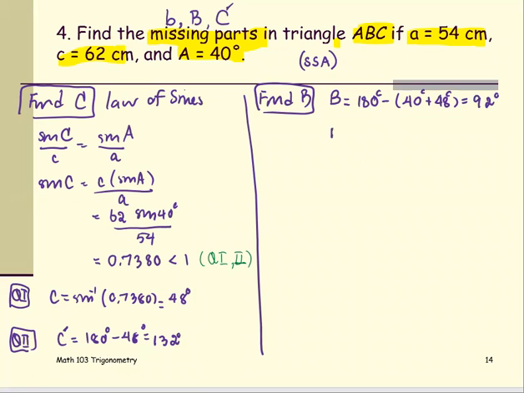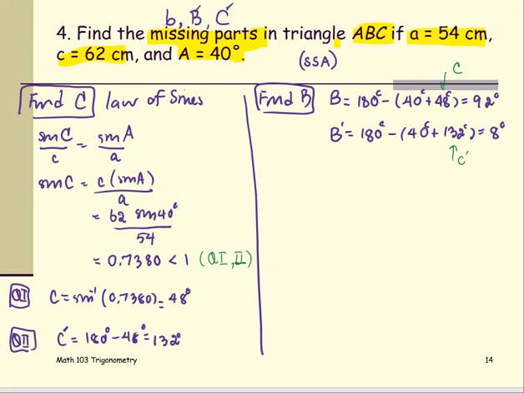For the second set of the solution, B prime would be 180 degrees minus the sum of 40 and 132. I'm going to put a note here: this number is angle C, this number is C prime. Therefore, B prime would be 8 degrees.